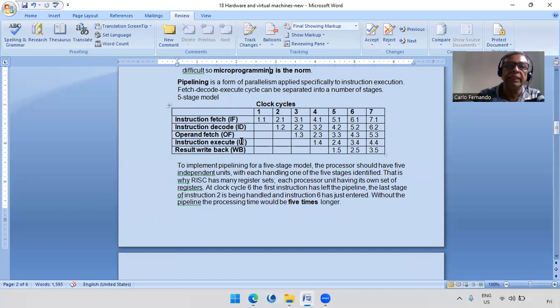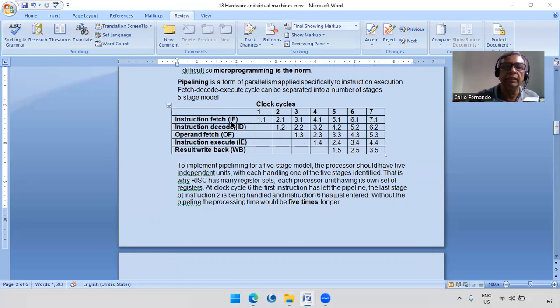So if you take a 5-stage model, right? And at the beginning, here you have these clock cycles, 1, 2, 3, 4, 5, 6, 7. 7 clock cycles.